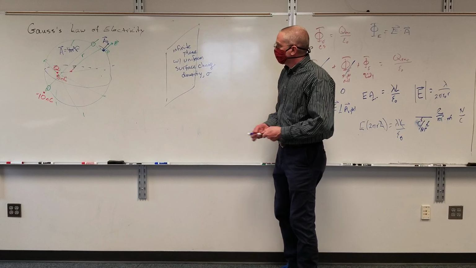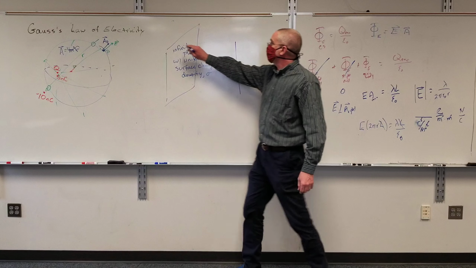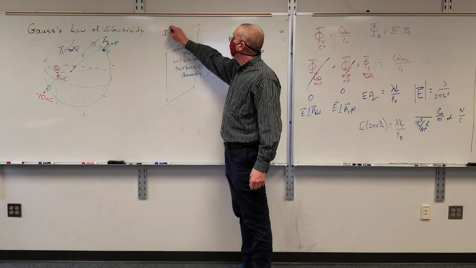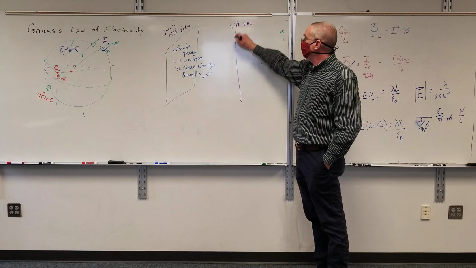So my Gaussian surface this time is from a side view. This is the jaunty tilt view, and the side view. I want to find the electric field at this point. This is an infinite plane.